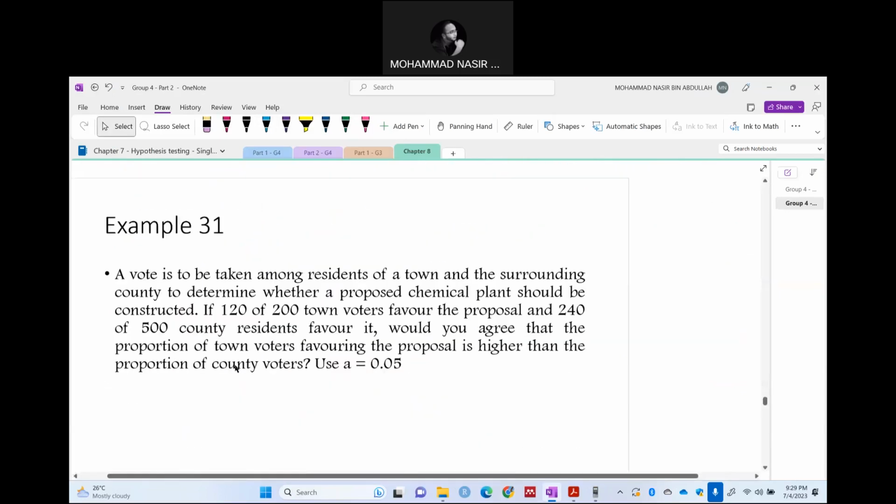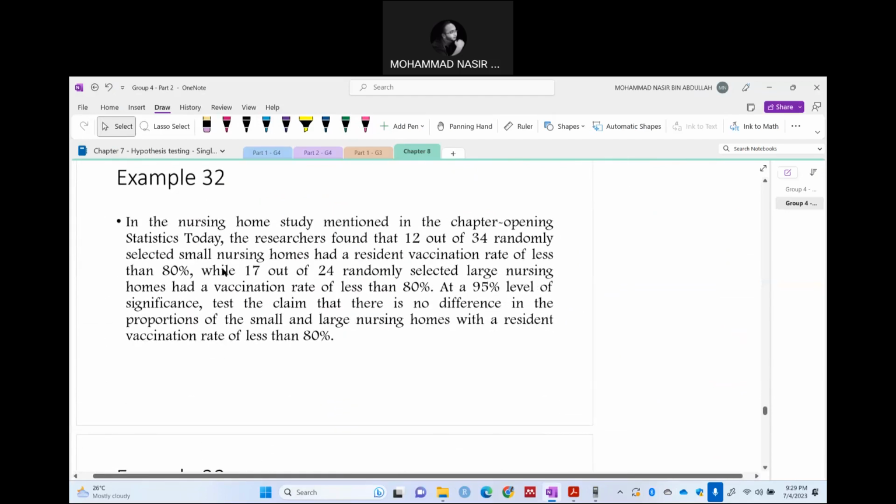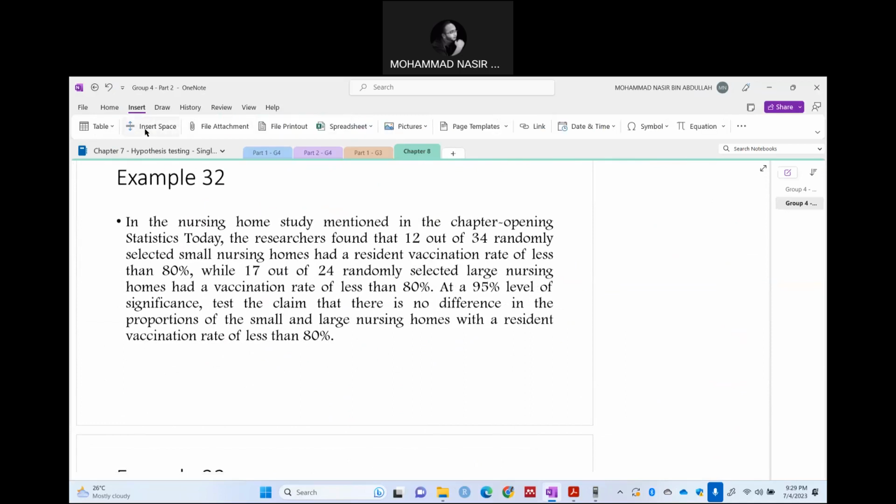So I think 31 you can do by yourself, right? So let's look at example number 32. This is also the same example, same concept.